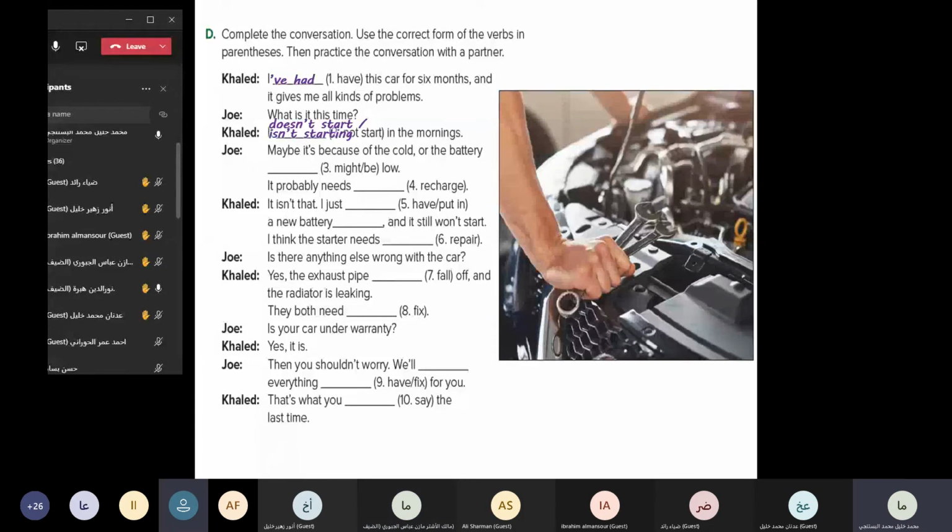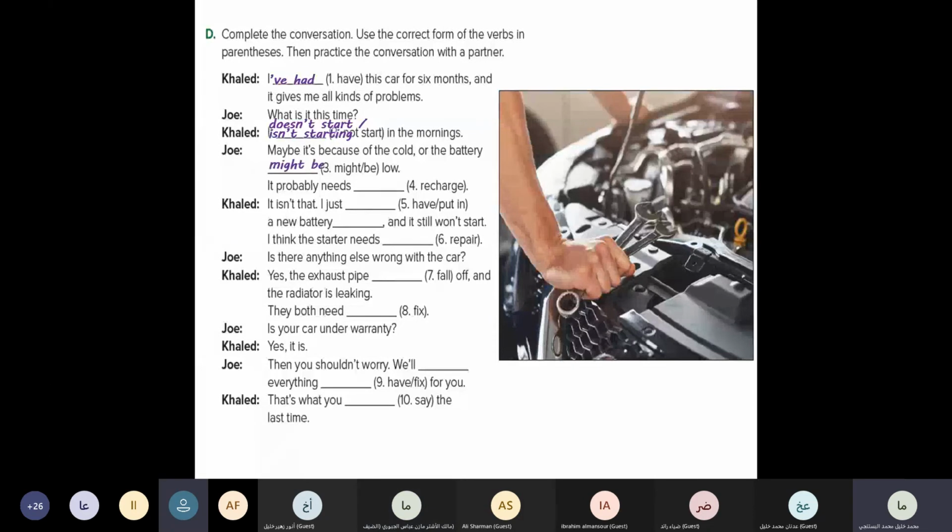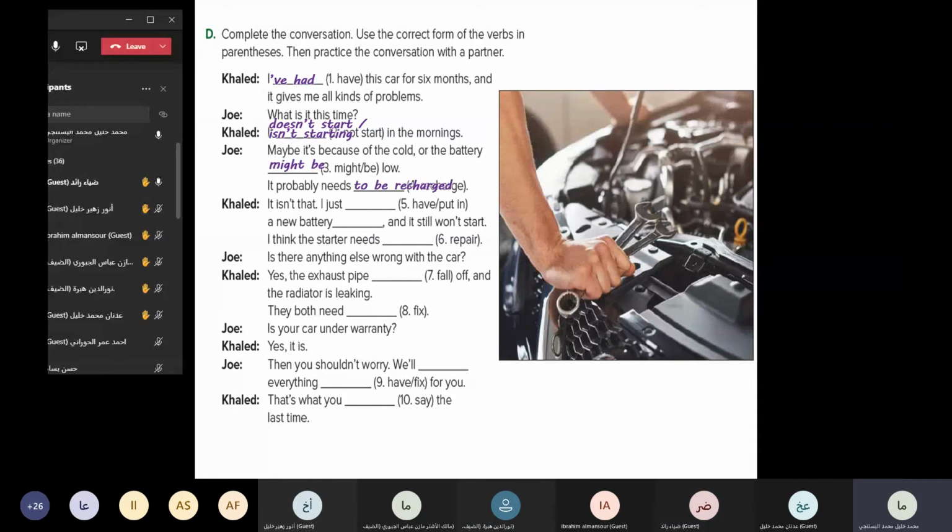It probably needs to be recharged. Good. It probably needs to be recharged. Thank you. Who wants to continue? Let me choose Dia. It isn't that. I just had a new battery put in.